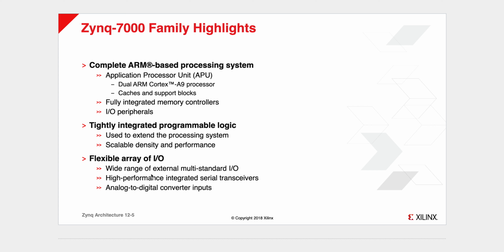Like I said, the processing system is an ARM Cortex A9 processor. We have a complete ARM based processing system. This complete ARM based processing system is an application processor unit known as APU.